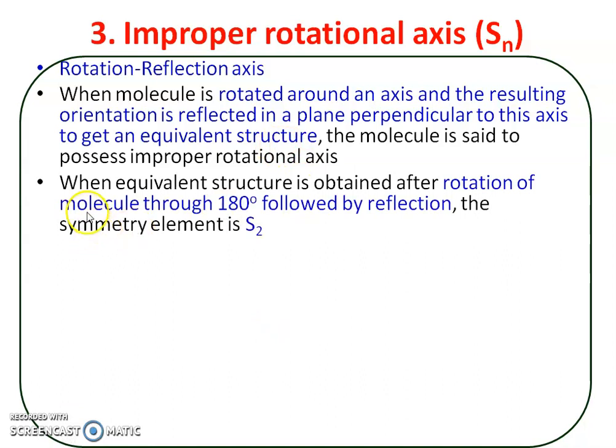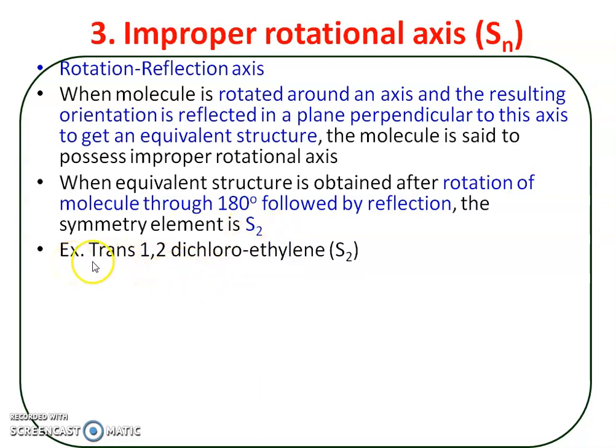For example, suppose we get an equivalent structure after rotation of the molecule through 180 degrees followed by reflection. The resulting symmetry element is represented as S2. It is an improper rotational axis, and that is represented as S2. We'll take an example.